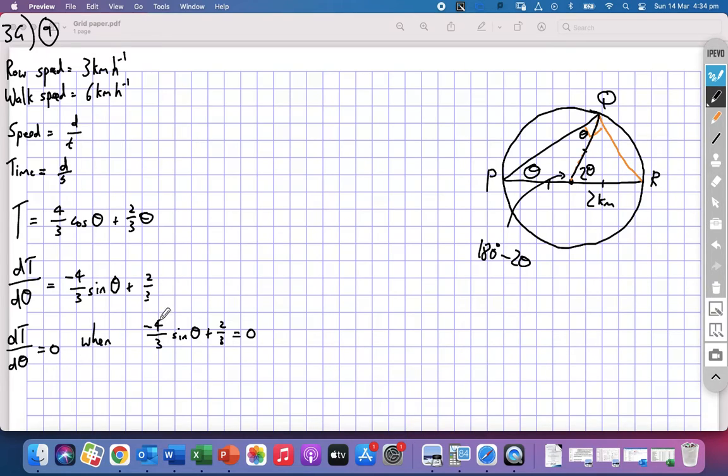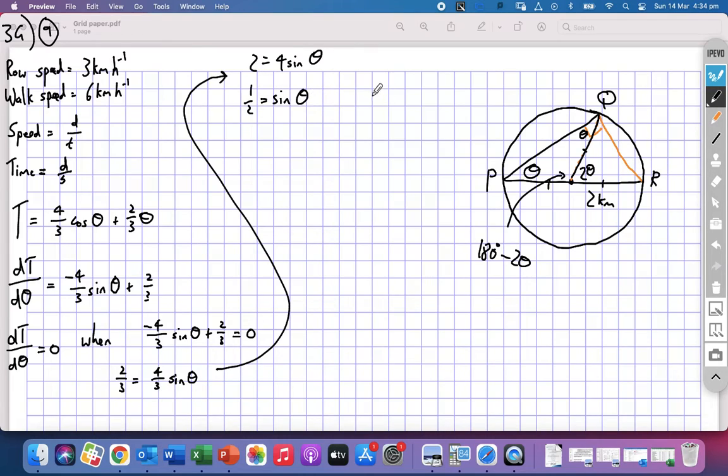How about we add the 4/3 sine to both sides, so we would get 2/3 equals 4/3 sine theta. Let's multiply both sides by 3. So I get 2 equals 4 sine theta. Divide both sides by 4. We'd have 2 divide 4, that's a half.